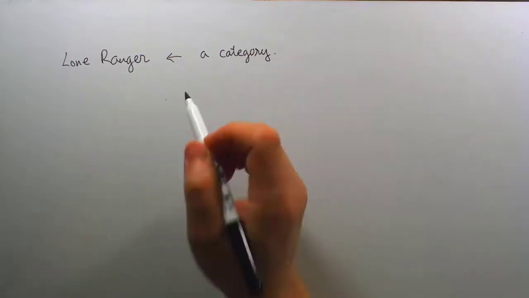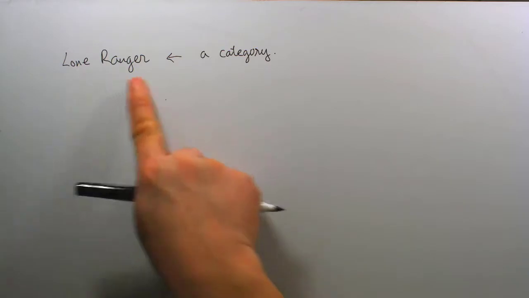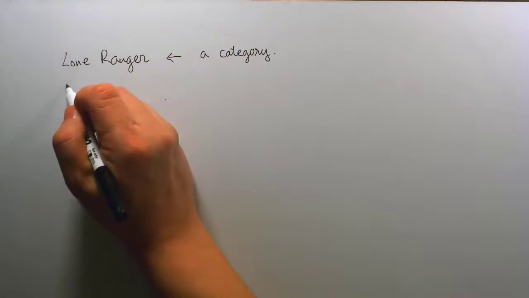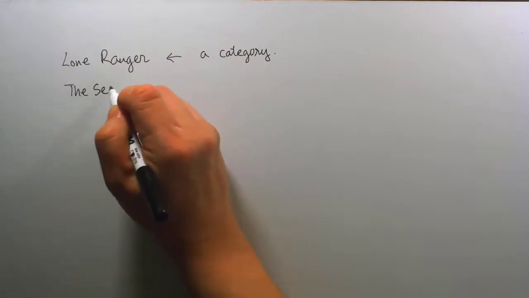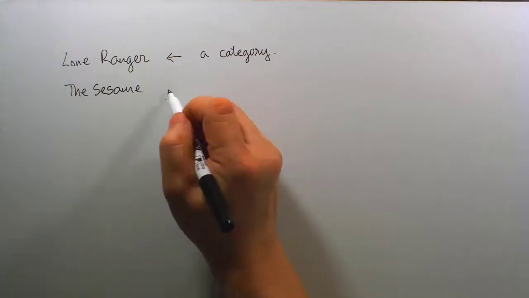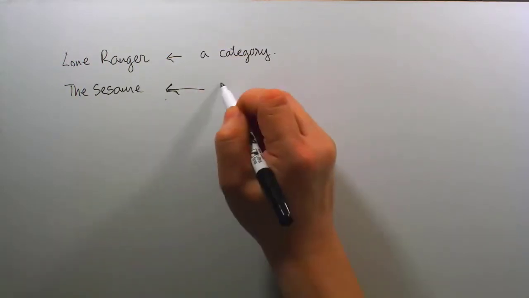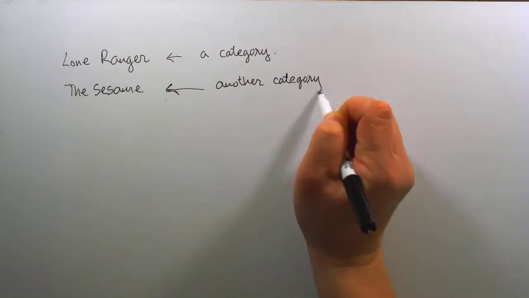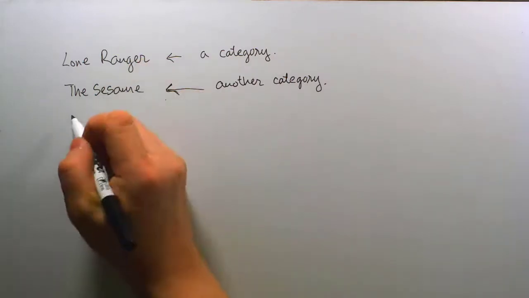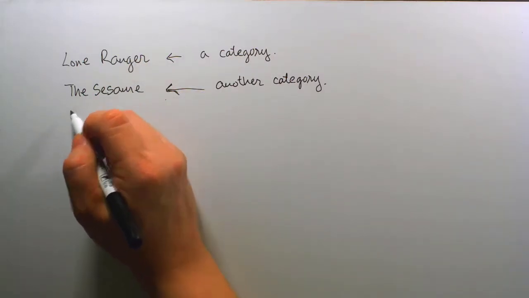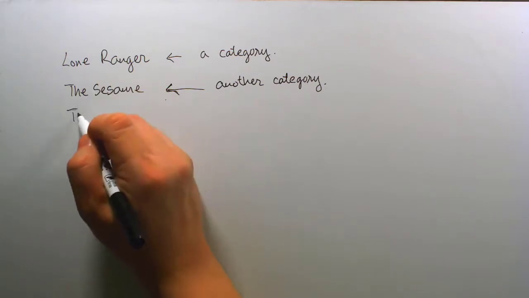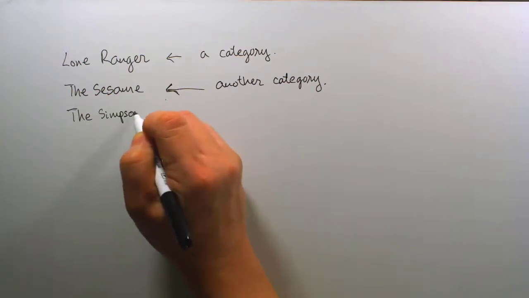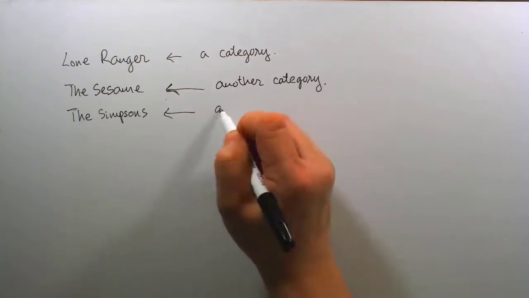But some other child can be a viewer who prefers watching Sesame Street, which is a different category. And then some other children can prefer to watch The Simpsons instead of those other two TV shows, so this is another category.